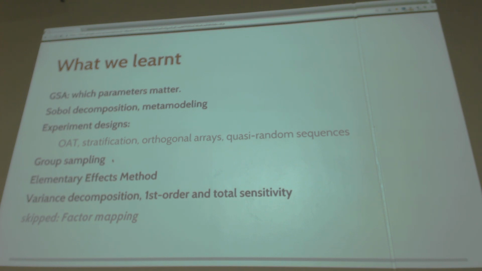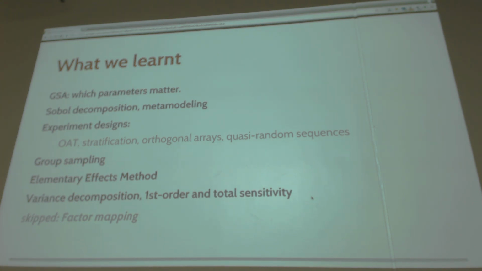I would appreciate it if someone taught me. Then we talked about the elementary effects method, which combines the ease of analysis of one-at-a-time designs and the quality of input coverage of the other methods.